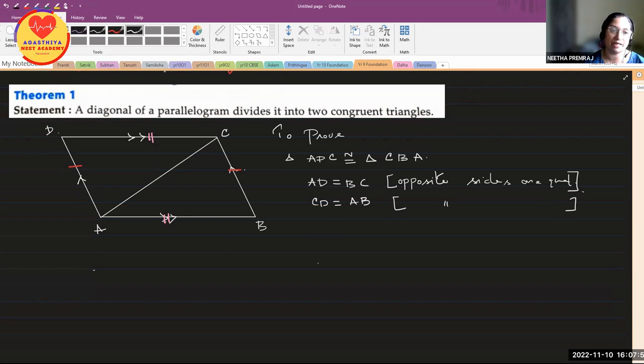Okay, what else can we say? What about these two angles? That is the same degree. Opposite angles are equal, right? In a parallelogram, opposite angles are equal.